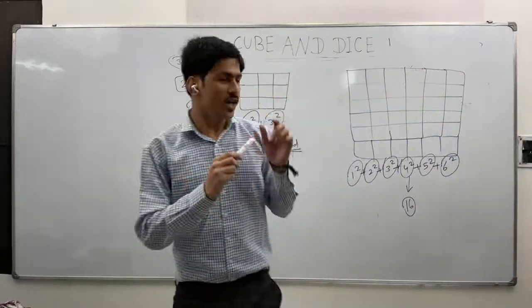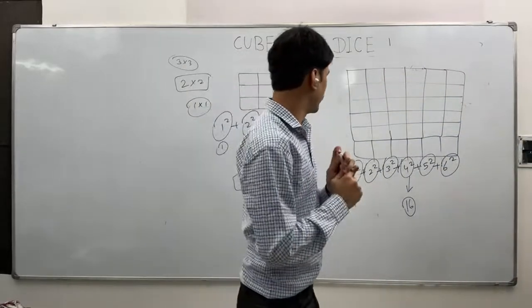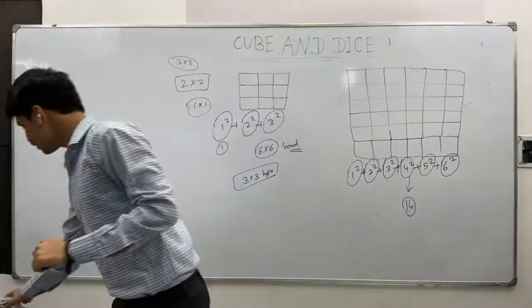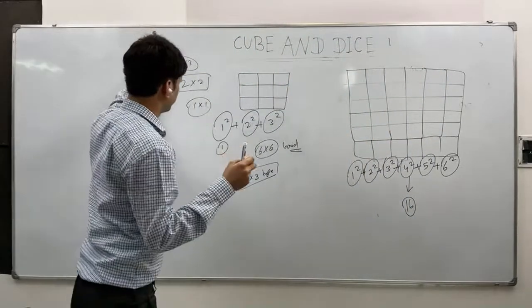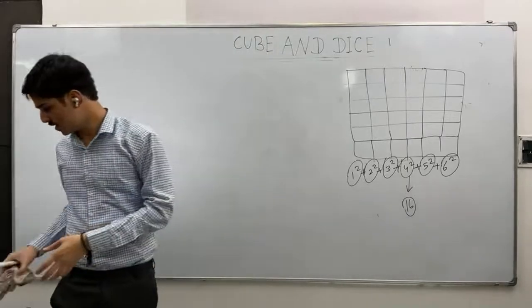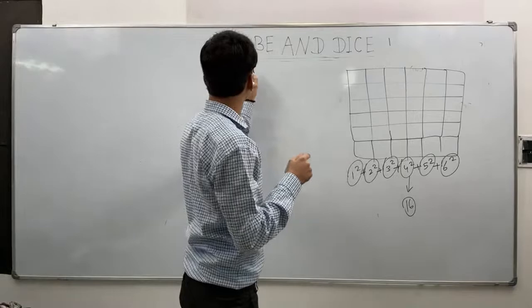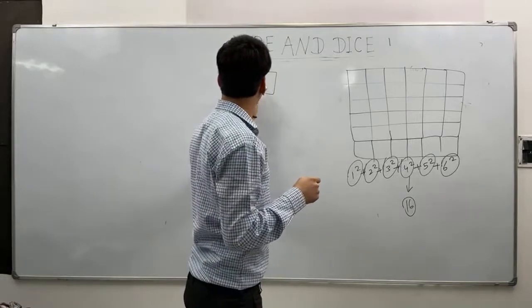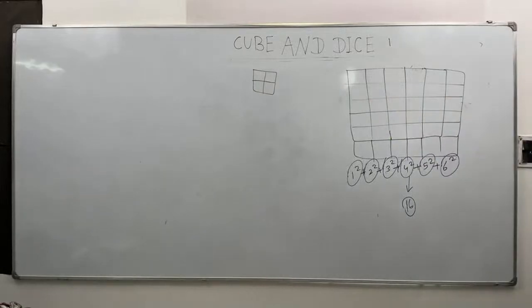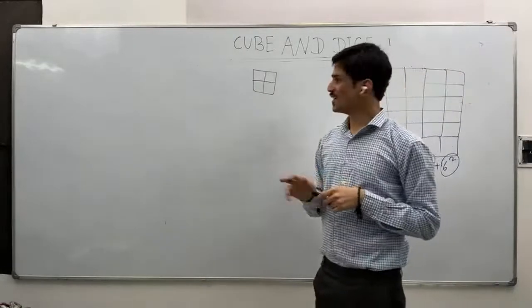First question is clear. Now let's make it more complicated. Now tell me, this one is clear, right? Now tell me, how many rectangles are there? First we start with this one only. How many rectangles are there here? Do we see rectangles also? 4 rectangles. 2 only.